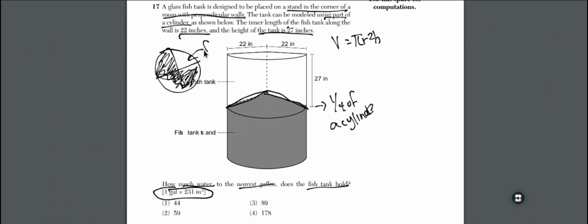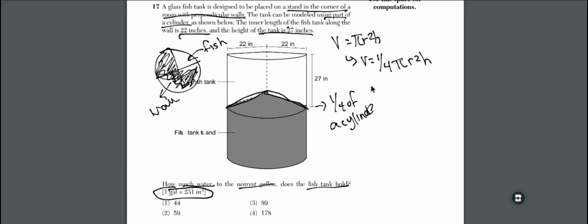So this is my fish tank, and the other sides of the circle are parts of the wall. So that's why when I use my formula, instead of just using V equals pi r squared h, what I'm going to do is V equals 1/4 pi r squared h. Because the fish tank is only a fourth of the cylinder measurements.